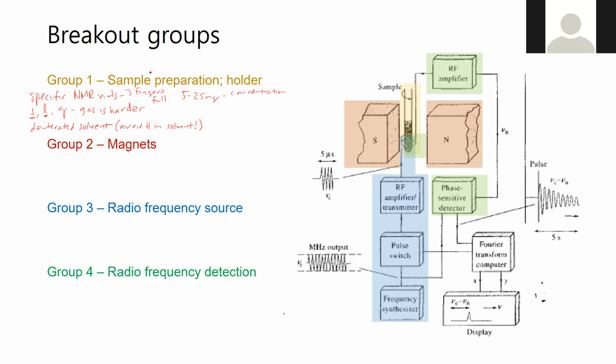That's important because if you underfill or overfill, then your sample will not be centered in the magnetic probe, and if it's not centered, the peaks will get shifted a little bit, or they'll get kind of side humps. Less solvent can also make it hard to lock onto the magnetic field and shim the magnet.